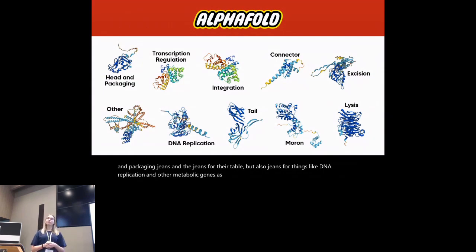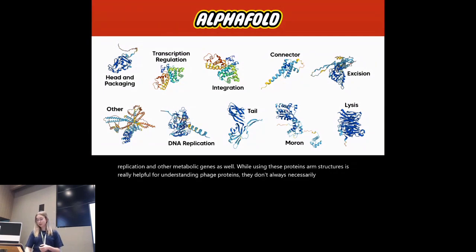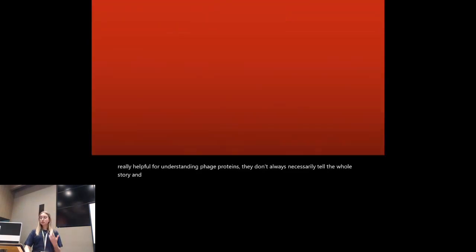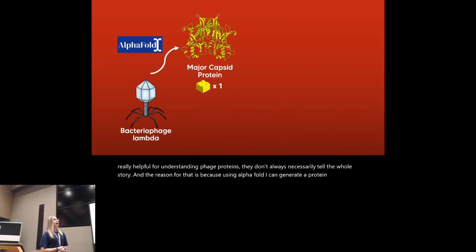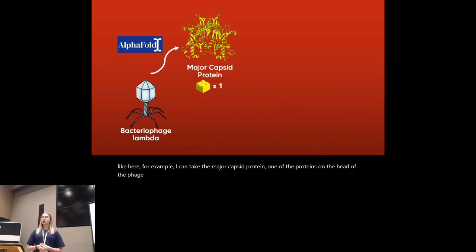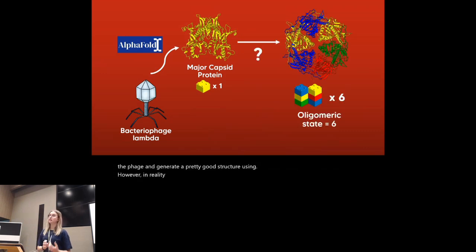While using these protein structures is really helpful for understanding phage proteins, they don't always necessarily tell the whole story. And the reason for that is because using AlphaFold, I can generate a protein structure. Like here, for example, I can take the major capsid protein, one of the proteins on the head of the phage, and generate a pretty good structure using AlphaFold. However, in reality, this protein actually doesn't just exist alone.